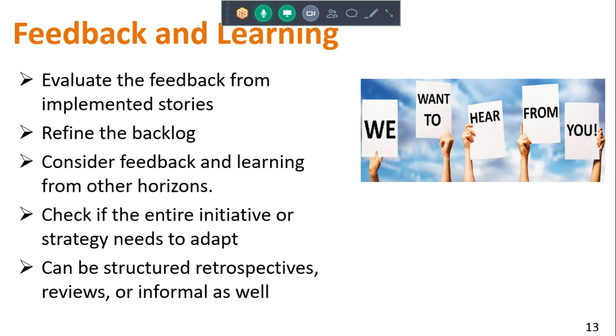And as we've mentioned many times already, although the delivery horizon is focused on day-to-day kinds of things, it informs the initiative horizon, certainly, and it should also inform the strategy horizon, so that at a strategic level we understand how well we're doing towards achieving strategic goals.